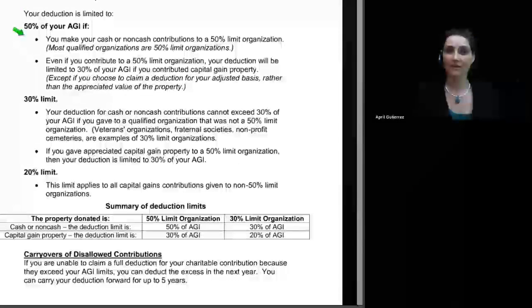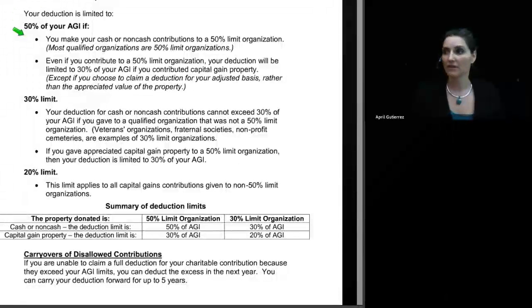My deduction would be limited to half my income. If my income is $100,000, my deduction would be limited to $50,000. And what would happen to the extra $10,000? Carries forward to the next year. I can use it then. That's a pretty rare thing for someone to donate that big a percentage of their income.